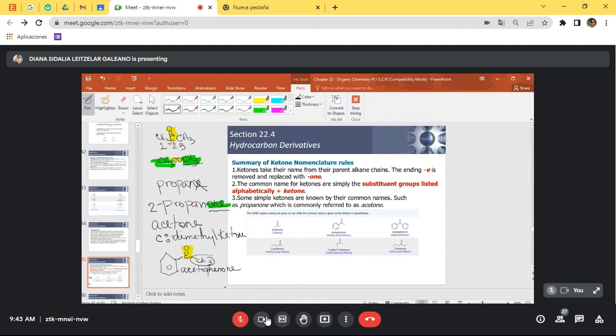What's the name of the substitute that I circled? Methyl. Methyl. And this one? Benzene as a substitute.